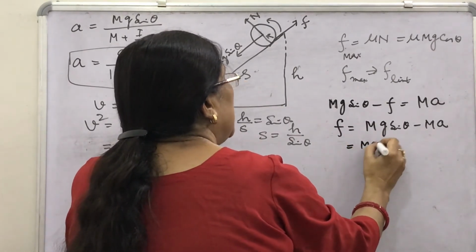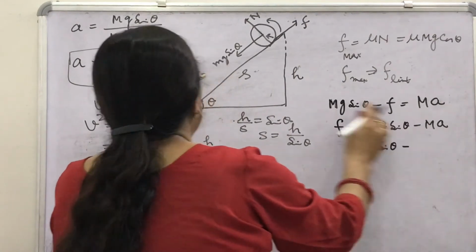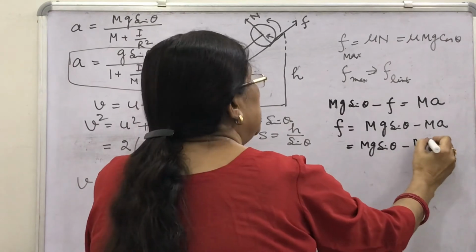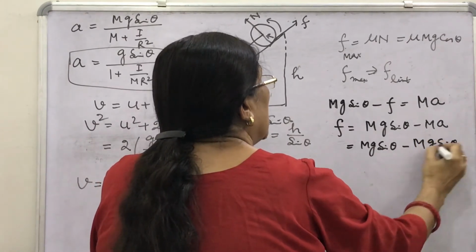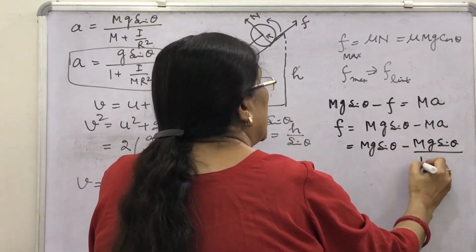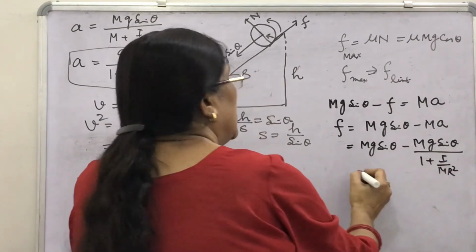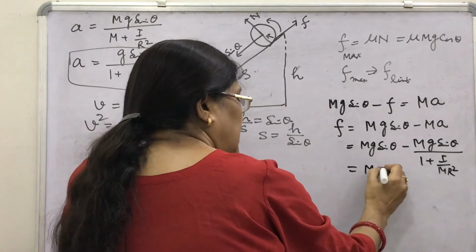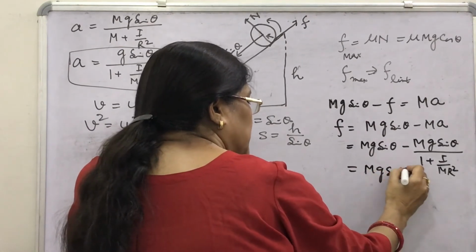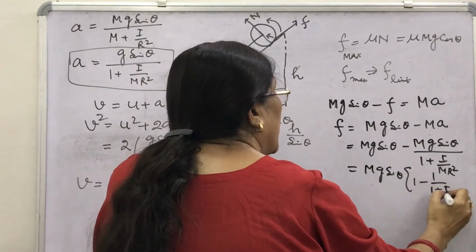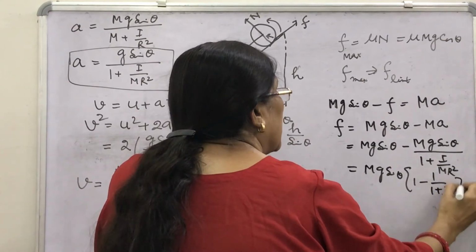Mg sin theta minus m into g sin theta upon 1 plus I upon mr square. Take mg sin theta common, you will get 1 minus 1 upon 1 plus I upon mr square.